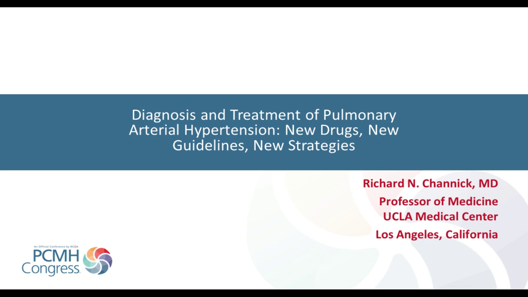But of course, because we have so many options now for these patients, physicians at every level, primary care specialists, need to understand what we're talking about when we talk about pulmonary hypertension. It's not enough to just say this is a rare disease, I'm going to send it to a specialist.